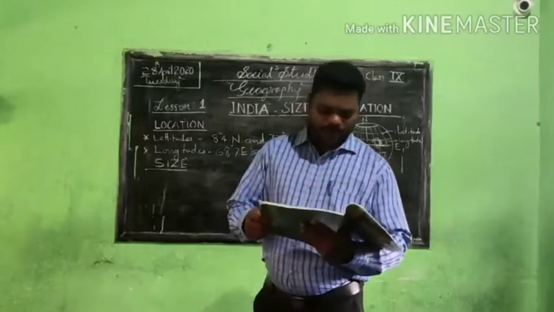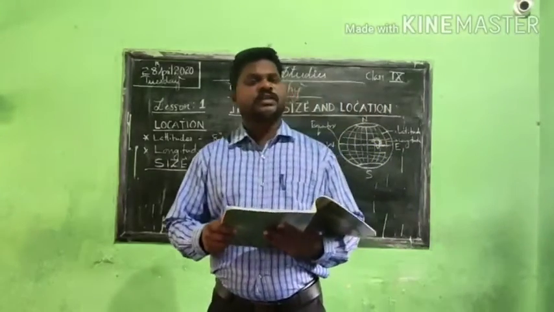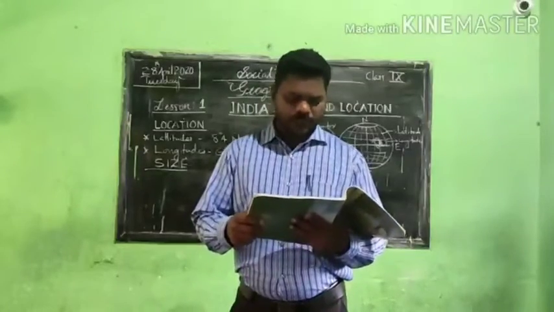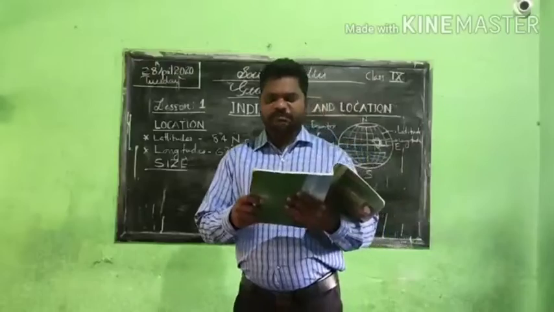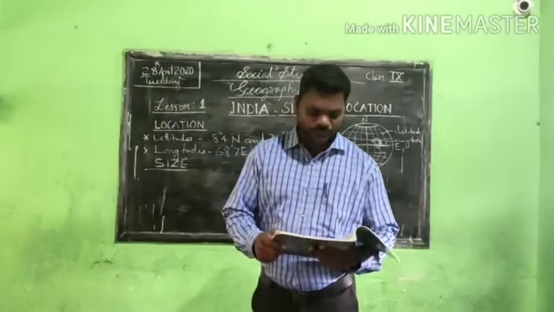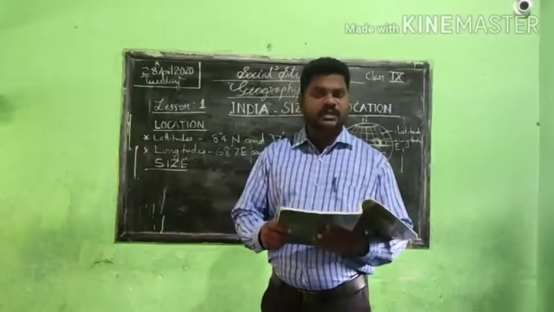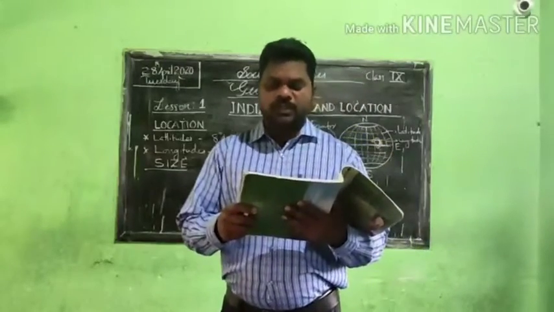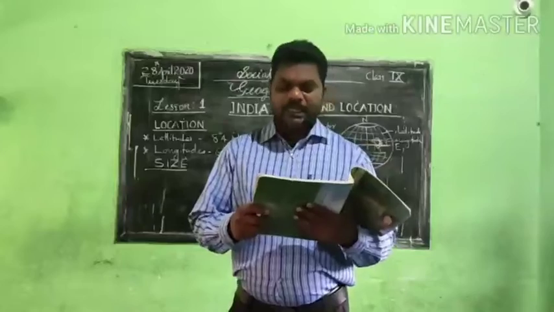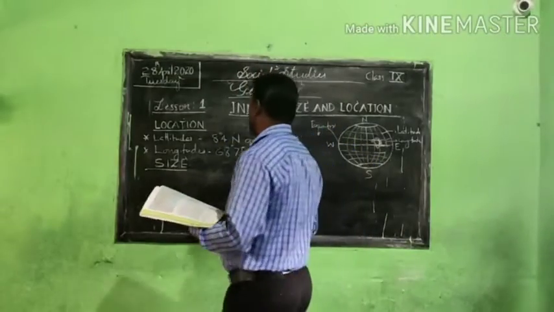While we are reading the textbook, it very clearly says that the landmass of India has an area of 3.28 million square kilometer. I'll repeat once again, you listen carefully. The landmass of India has an area of 3.28 million square kilometer.